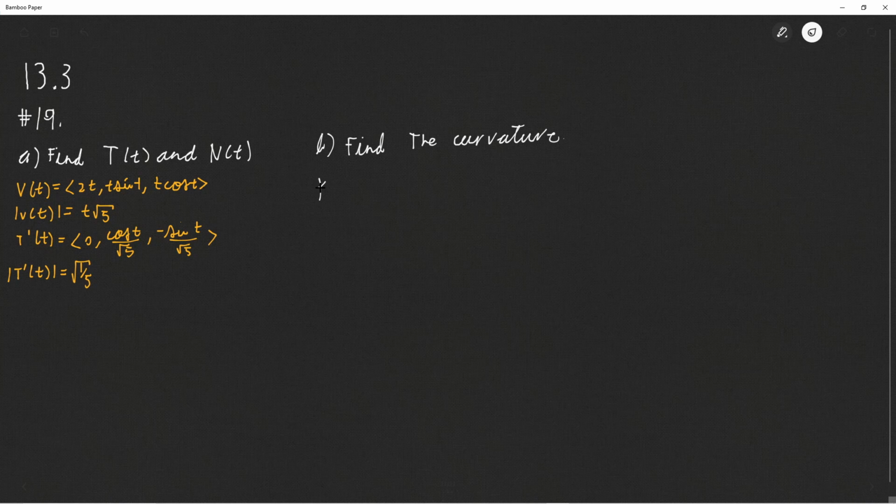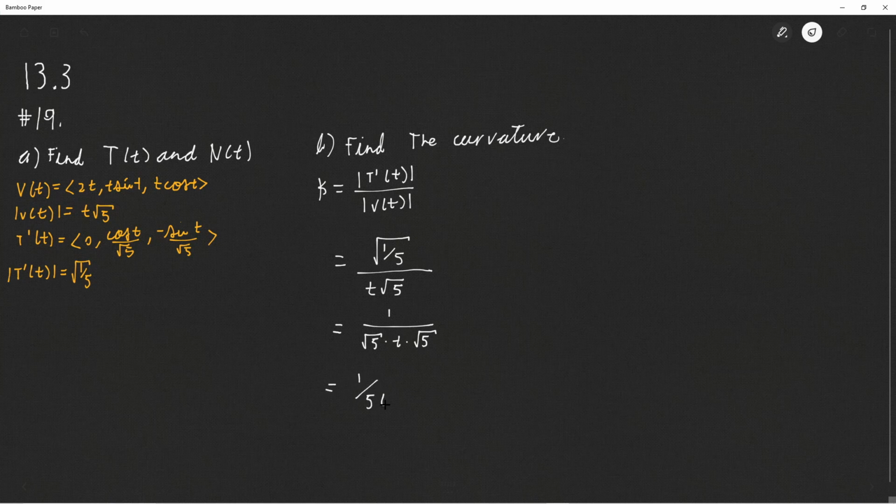And the curvature is equal to the magnitude of T prime, the derivative of the tangent vector, divided by the magnitude of the velocity vector, which is going to be equal to the square root of 1/5 divided by t root 5, which is going to be equal to 1 divided by root 5 multiplied by t multiplied by root 5, which will give you 1/5t as our curvature.